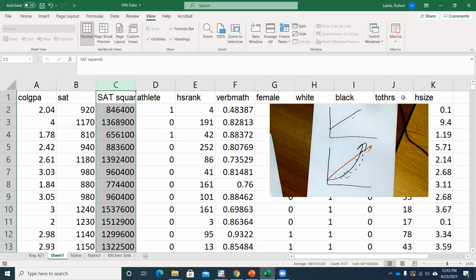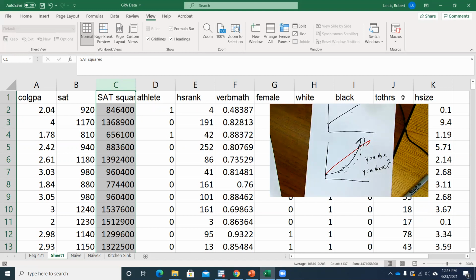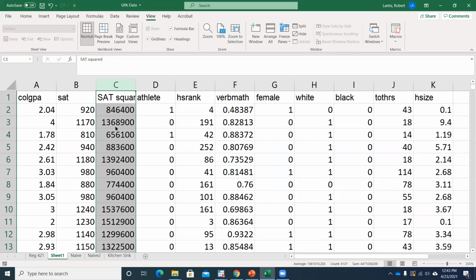If we go to calculus, the way we get a line that looks like this is by not simply having y equal to a plus b times x, we add in a squared term, but a squared term of the same x variable. So what we're going to do is basically do that with linear regression.